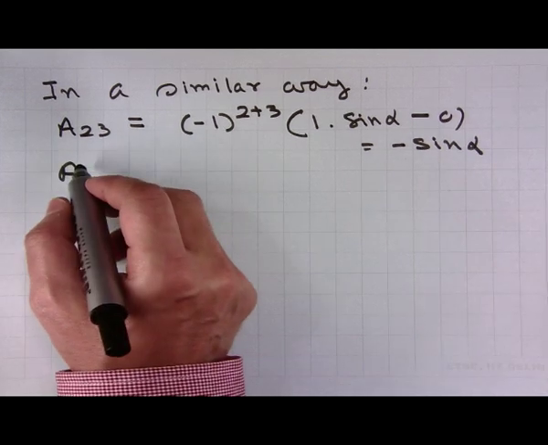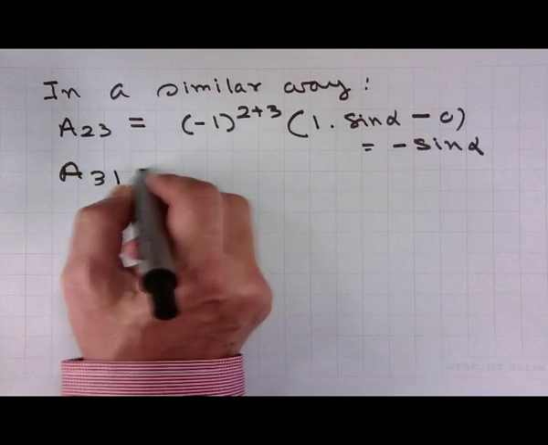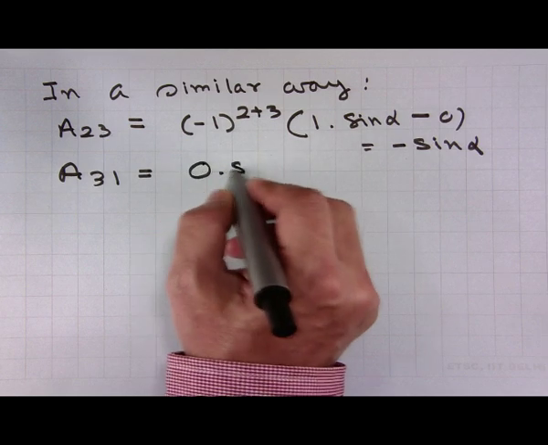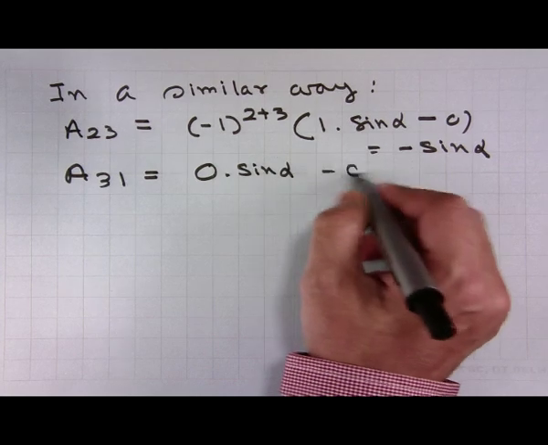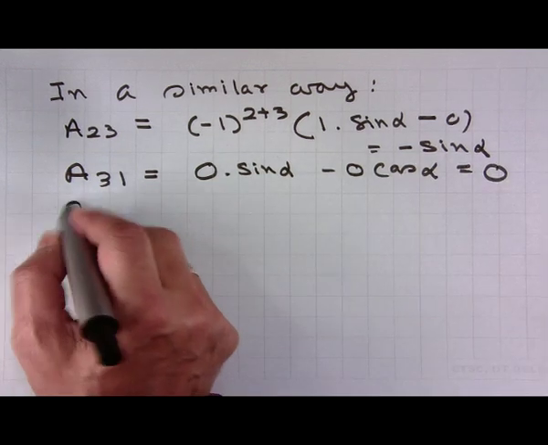A31 is equal to 0 into sin alpha minus 0 into cos alpha, is equal to 0.